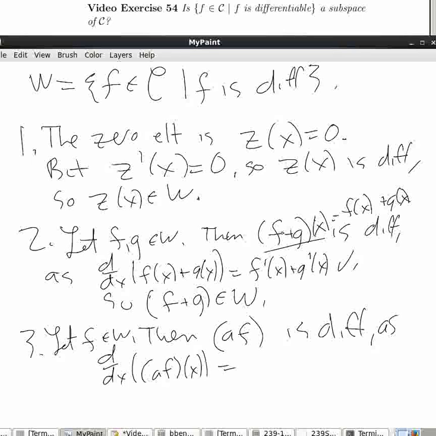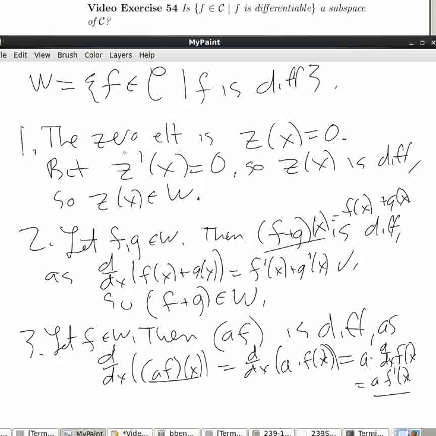So the derivative of this is equal to the derivative of that, which equals f prime plus g prime. So similarly here, the derivative of a times f of x, because that's what af means, is just a times f of x, which is equal to a times the derivative of f of x, equals a f prime of x. So the derivative of this thing, I know what it is, because f is differentiable, so it's just a times f prime.